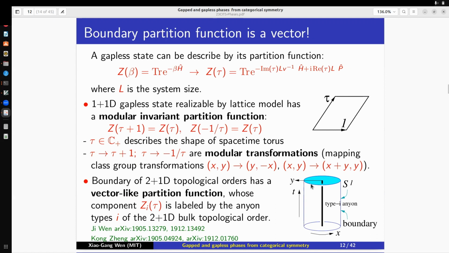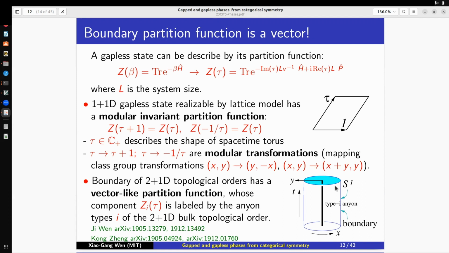Here we consider a 2+1D system. So our system is a disk. This blue disk is our system with topological order. Then the boundary of the topological order may be gapless. So this is the picture we used before.